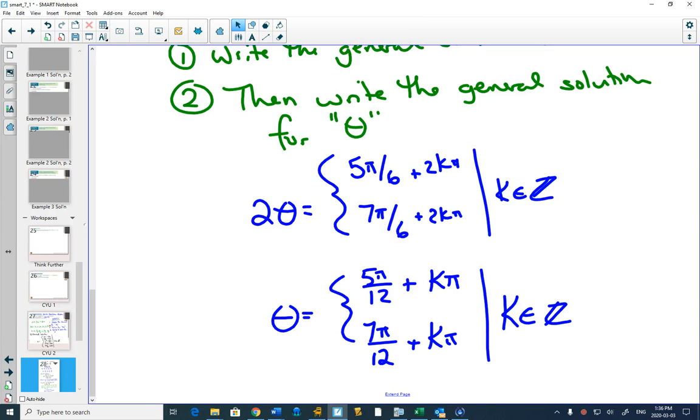So this answer is identical to the last answer, just written differently. The last answer had 4 of them plus 2k pi. This one only has 2, but now you're only having to go halfway around.